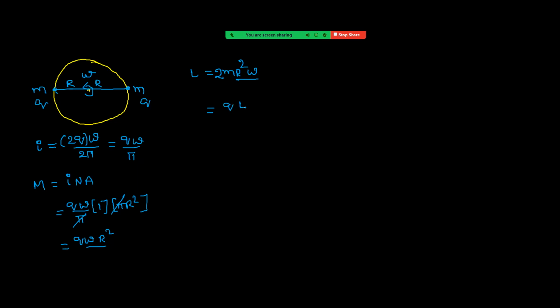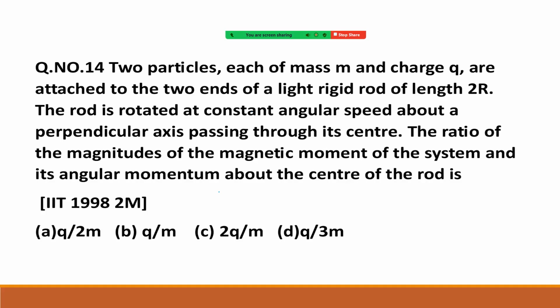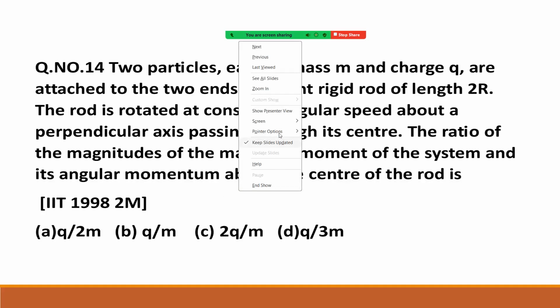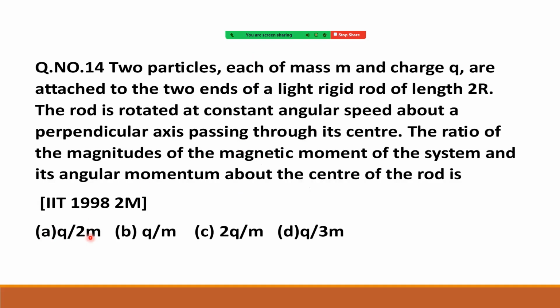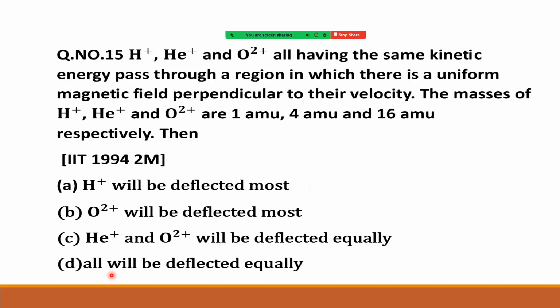So the ratio is q into L by 2m. Again, the result is the same, right? In these three questions, the question is almost the same, slightly modified. So the answer is now option A, q by 2m. Let's see the next one.